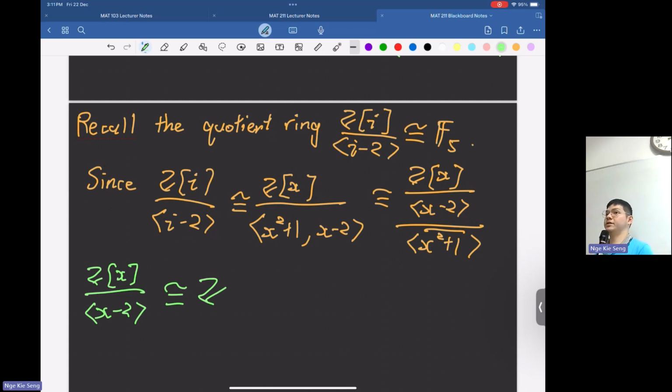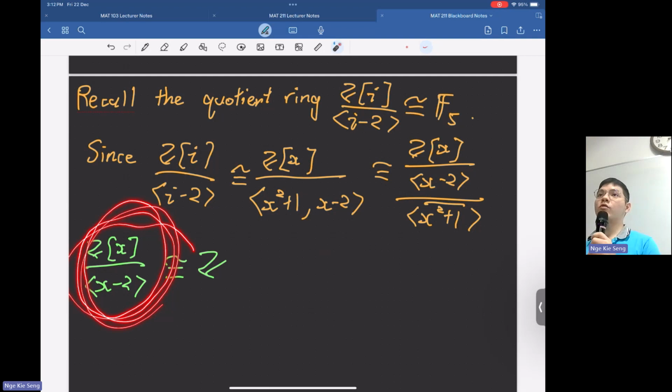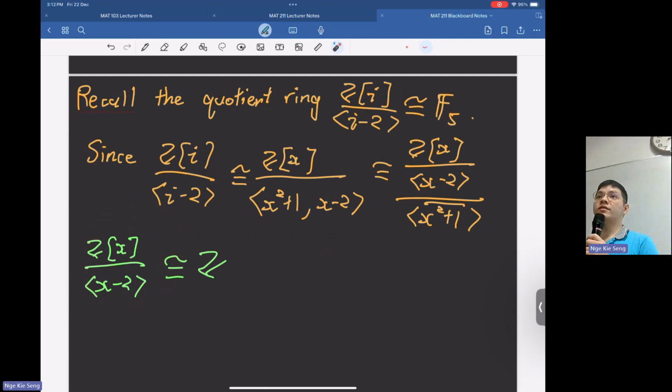How do you show this? What's the isomorphism you should write down? This is an isomorphism involving the quotient ring, so you should use the first isomorphism theorem.